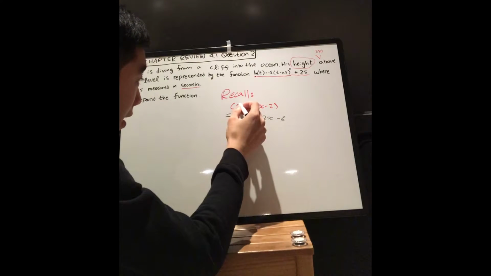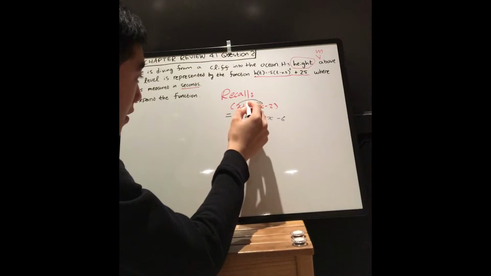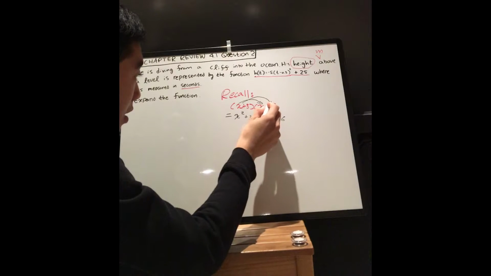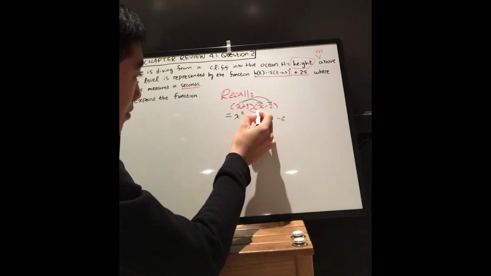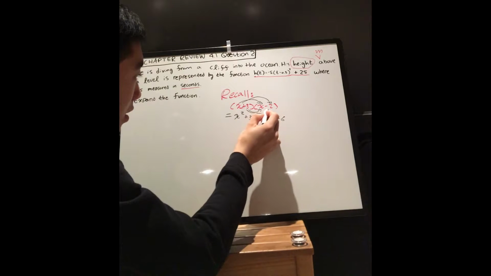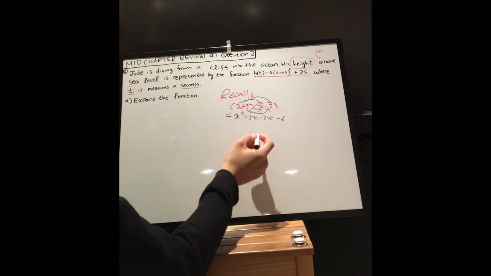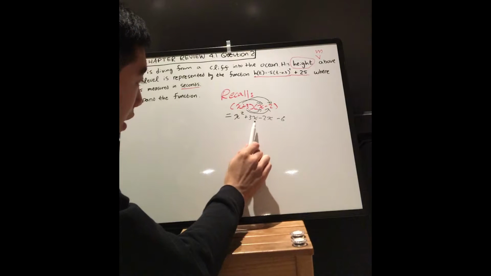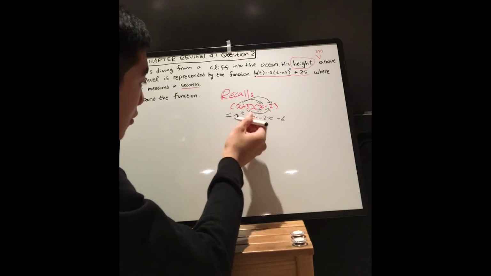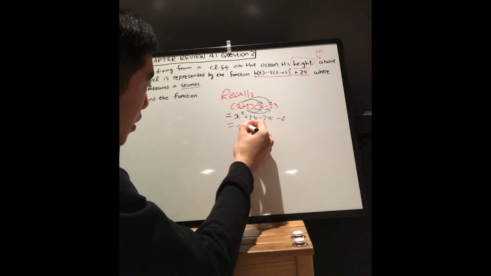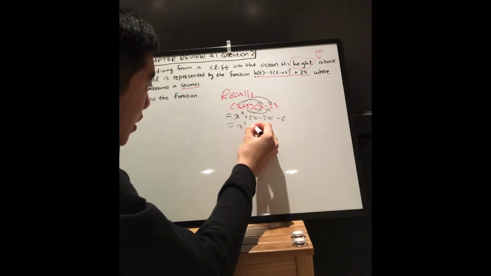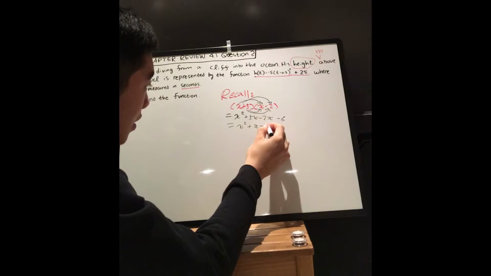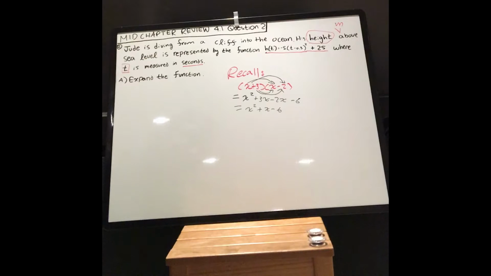I got here by doing x times x, then x times -2, 3 times x, and then 3 times -2. Then you'll get x² + 3x - 2x - 6, and you can further simplify this to x² + x - 6. So now that we know how to multiply two binomials together, let's begin.